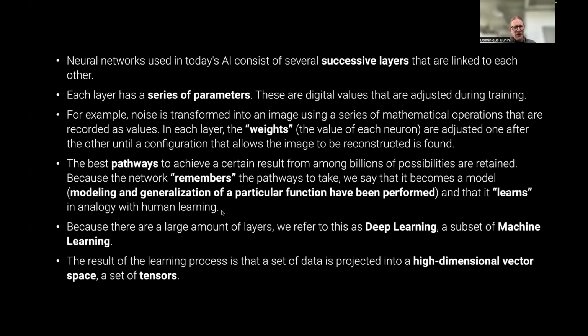And then we could say, okay, this is the pathway that should be used. And you should remember this configuration of your own inner elements so that you can use it again another time. So this is how modeling and generalization occur inside a neural network. And this is why we speak about learning. It's just an analogy with human learning.